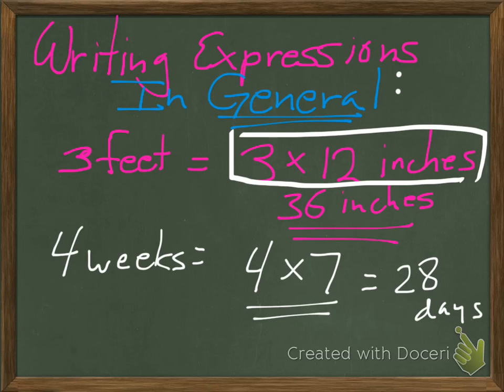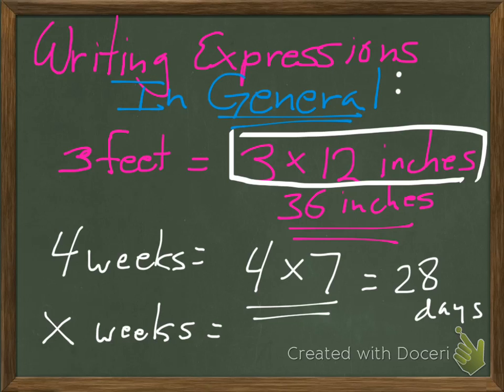Now, what if I don't tell you that I want to find out how many days there are in 4 weeks? What if we don't know how many weeks? What if I ask you in general, suppose you have x weeks. How many days are there in x weeks? Well, think about what we just did.